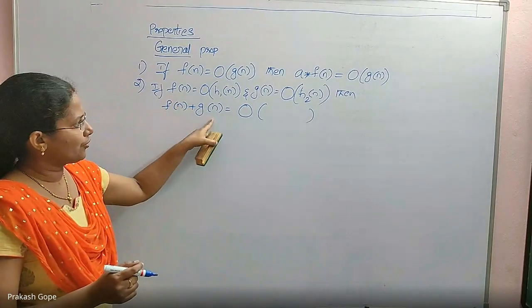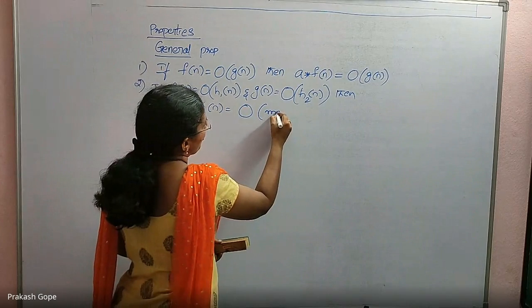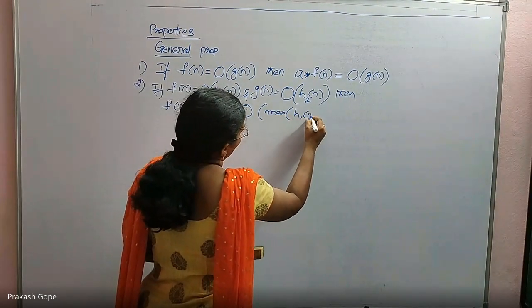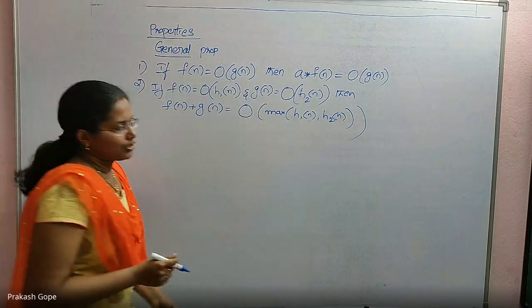F of n plus g of n is equal to big O of maximum of h1 of n comma h2 of n, whichever is maximum in these two. So it is big O of that.